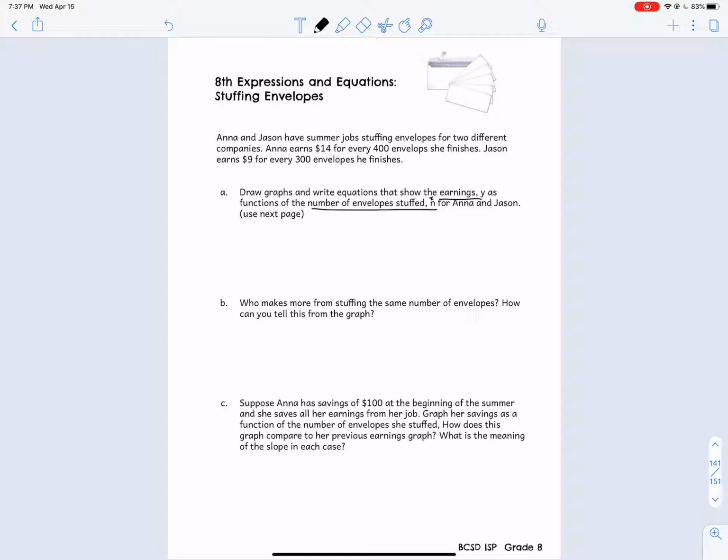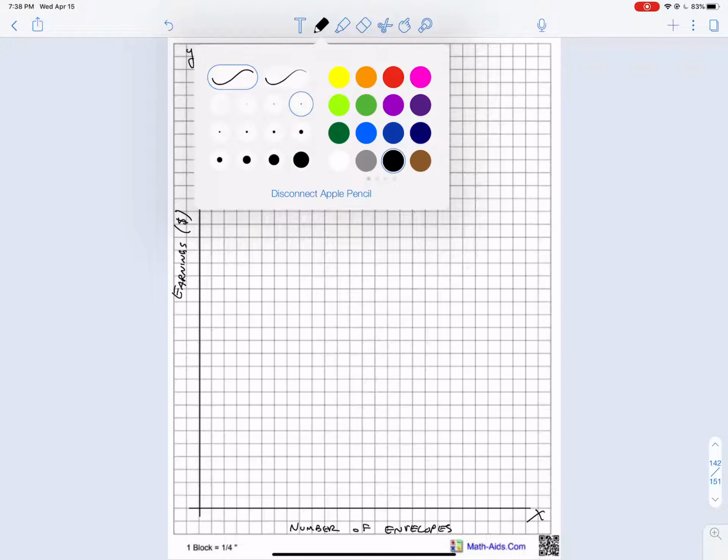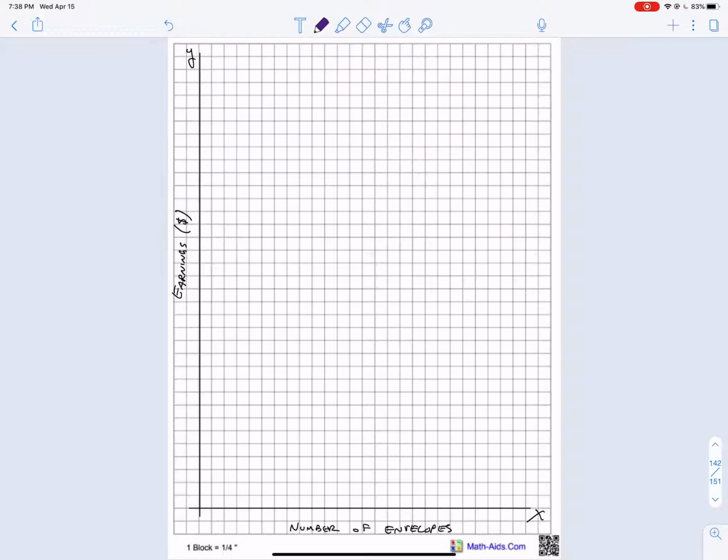Then we need the x-axis to go to at least 400, but perhaps more. Let's see if we can fit 400 on there. If I count by 10, I don't think it's going to work.